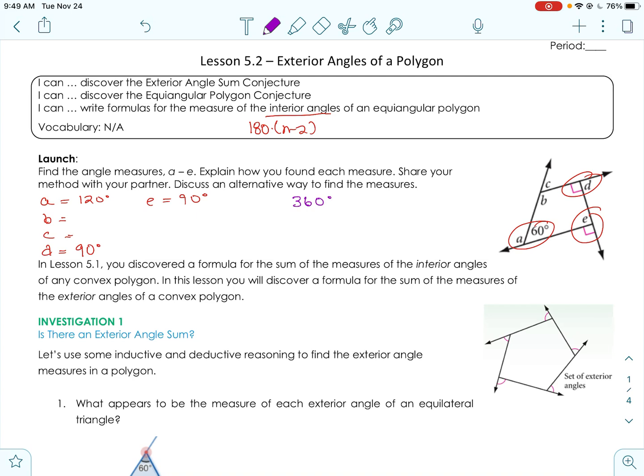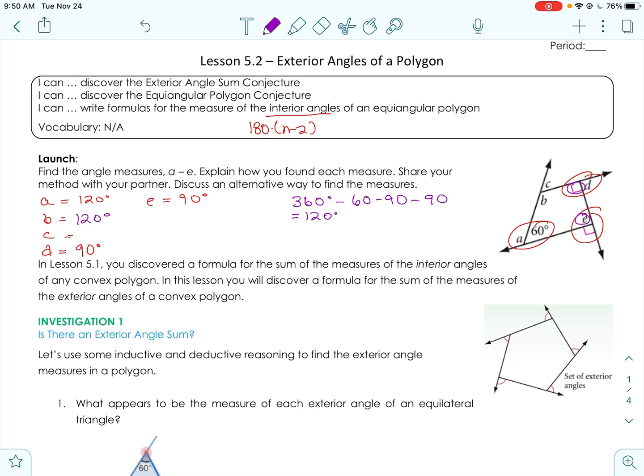Because we know this 60-degree angle, this letter E, and this right angle, we can take 360 degrees and subtract 60, 90, and 90. That tells us the remaining angle, angle B, inside this quadrilateral, is 120 degrees.